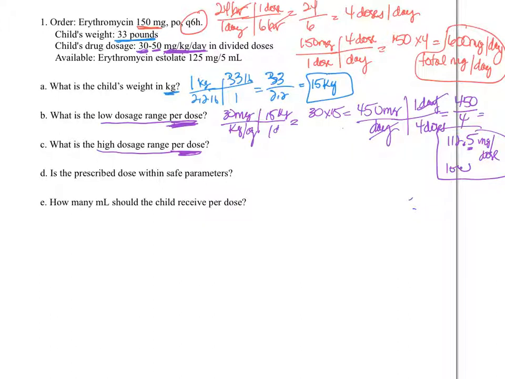So we do the same setup here, but we're going to take the high, which is 50 milligrams per kilogram per day.